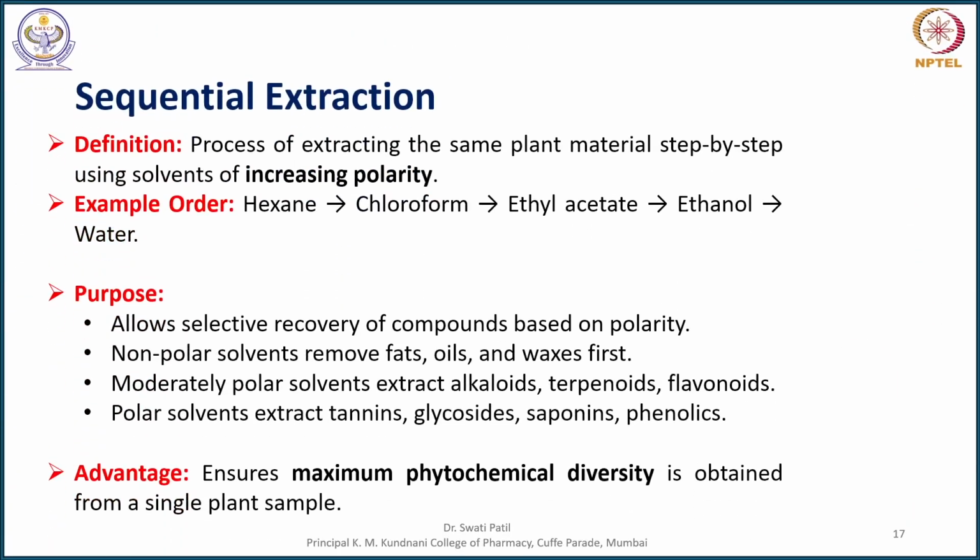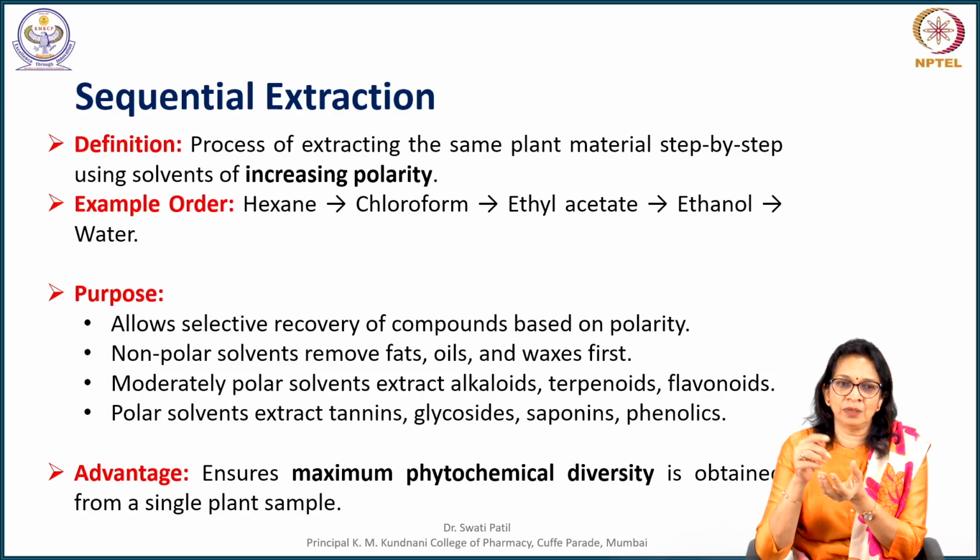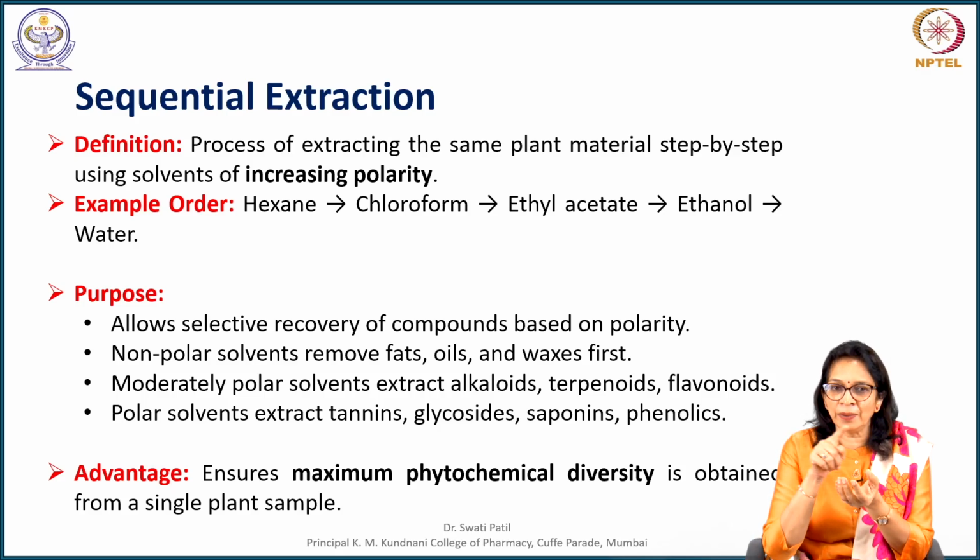When we want to extract different constituents present in the same plant material, we can go for sequential extraction, where solvents are used step by step for the same plant material in increasing polarity. So, for example, we have a plant material and the solvents in the mentioned order.